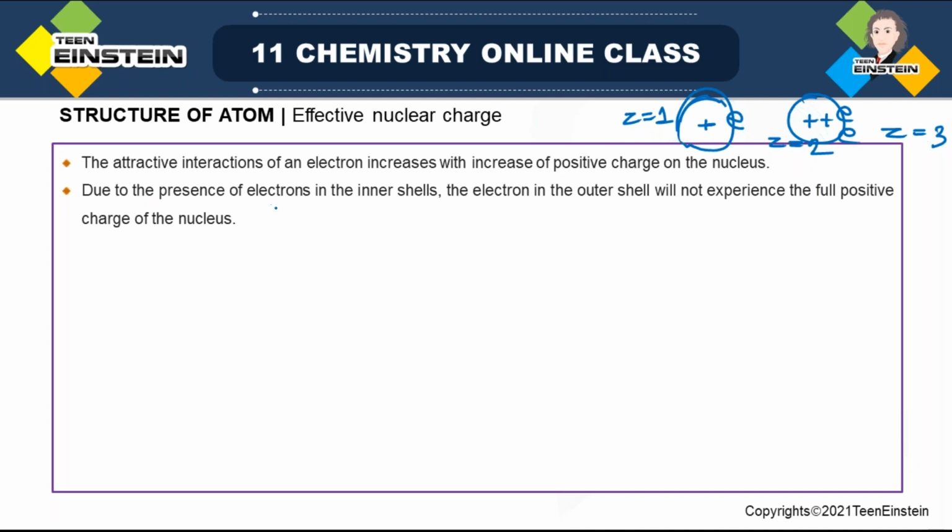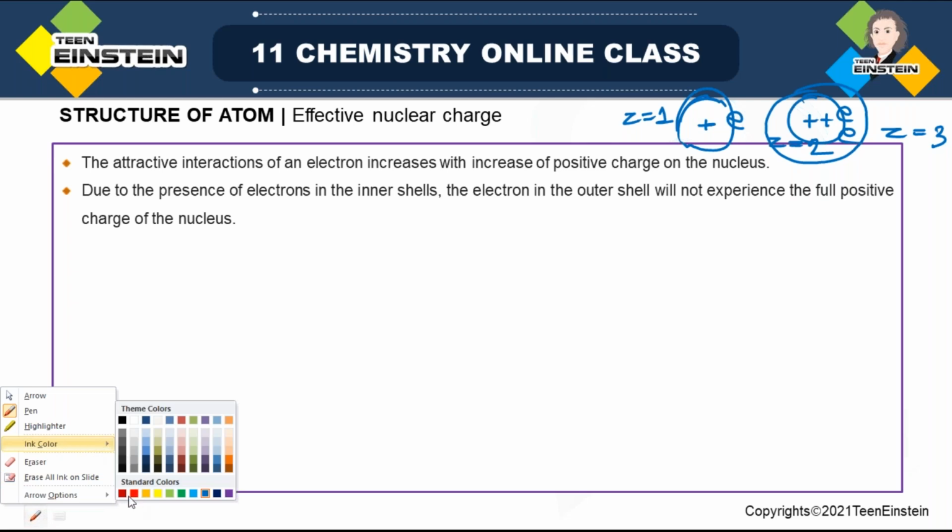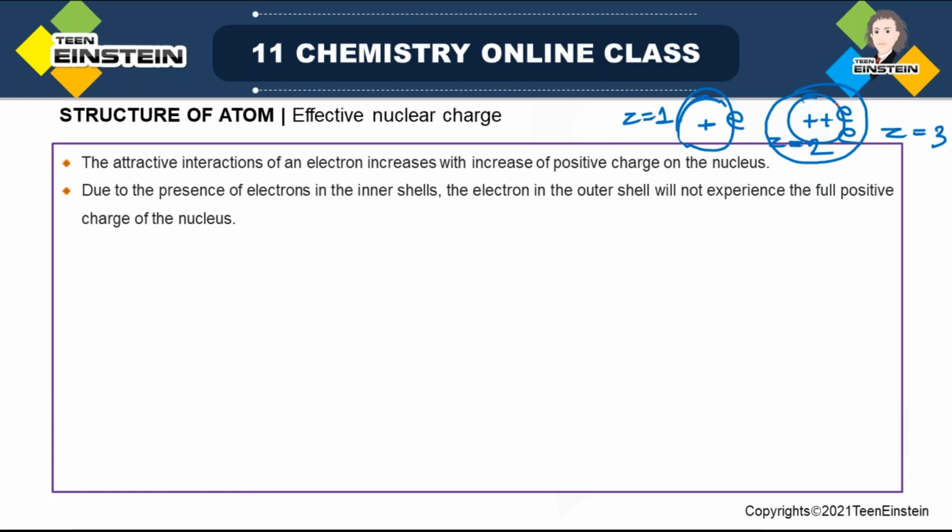Now because of the presence of electrons in the inner shell, the electrons present in the outer shell are affected. Here I have drawn only one orbital, but suppose there is another orbital with an electron present in this outer orbit. For the red electron, this is the outer electron, and these two are inner electrons.